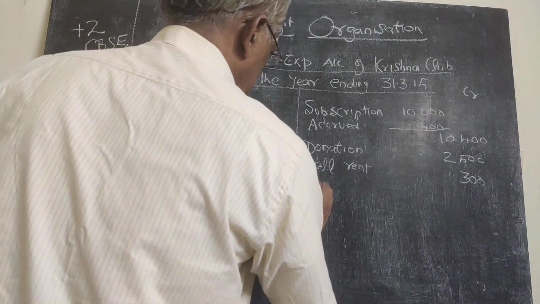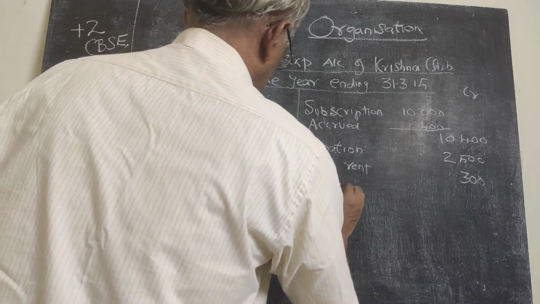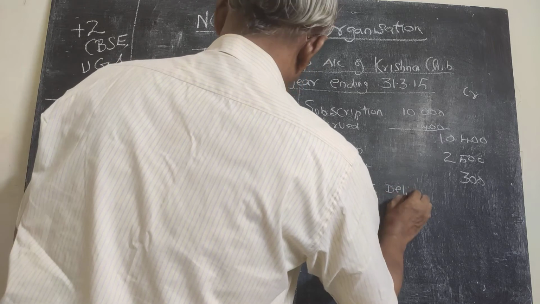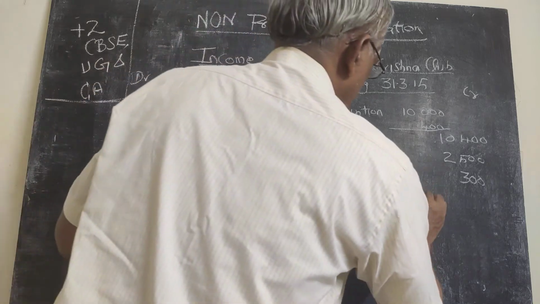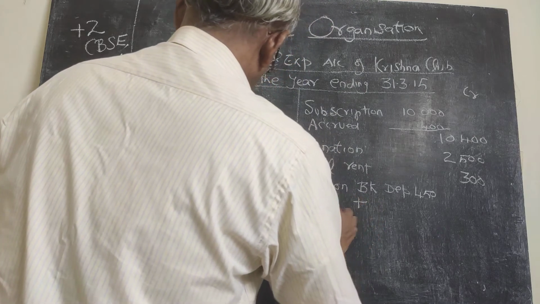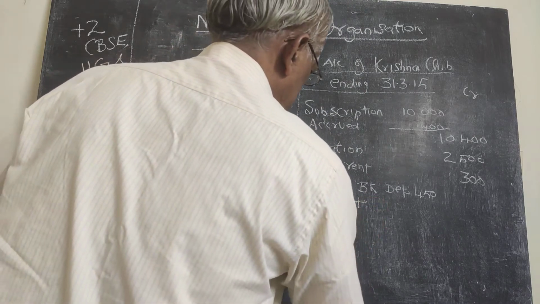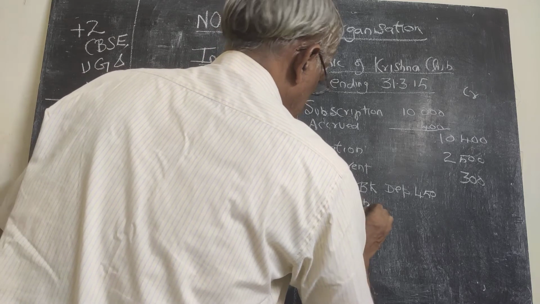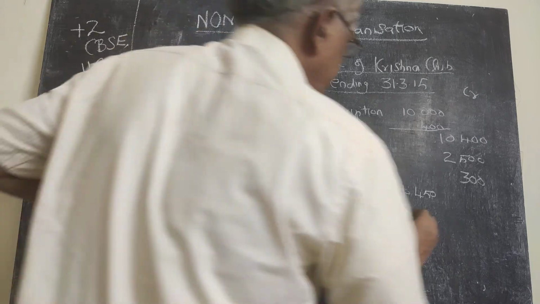Interest on bank deposit 450 and the accrued one, bank interest receivable, is 150.